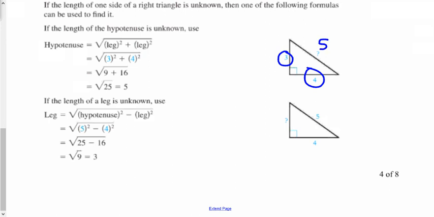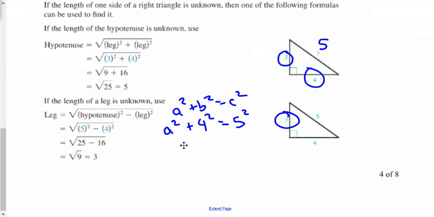And if you have to find one of the other sides, like maybe here you have to find one of the legs, then all you would do is subtract the squares. That's because you can still use this a squared plus b squared equals c squared thing. You just put in what you know and solve for what you don't. If we don't know the other leg, it might look something like this.